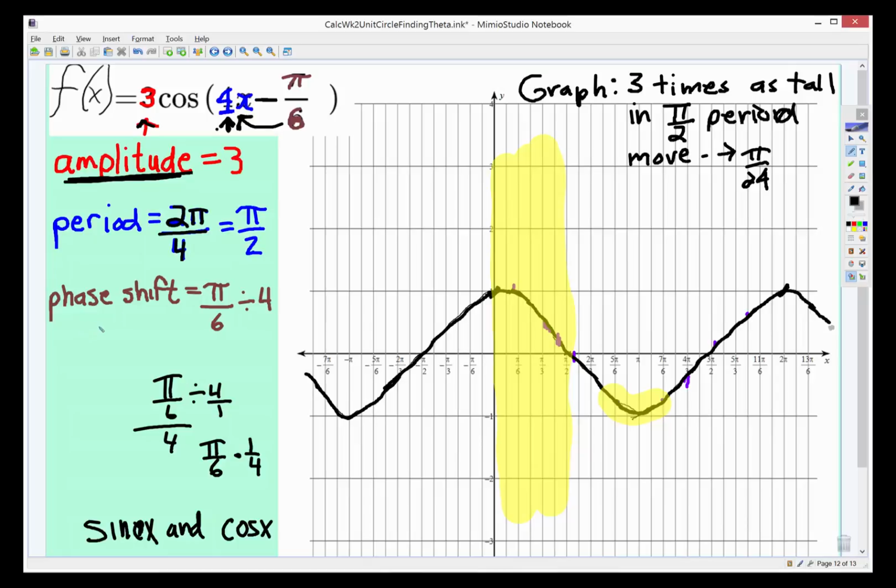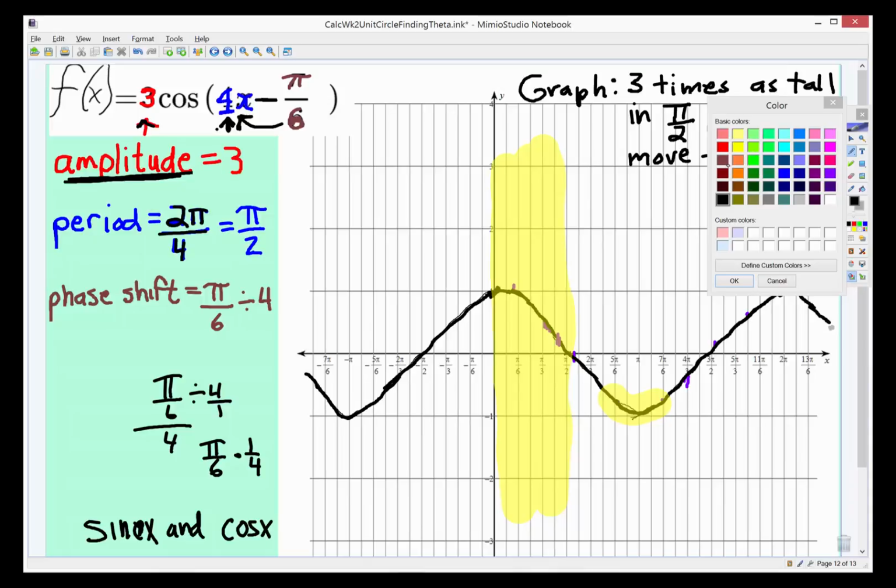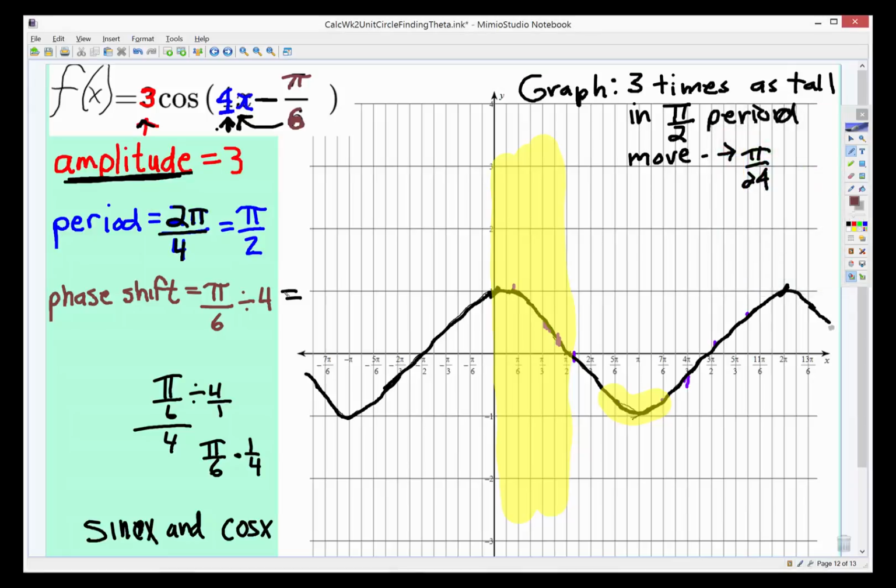So the phase shift equals pi 24ths. So in this case, because that's a negative sign right there, or subtract sign, we're going to shift everything pi 24ths.